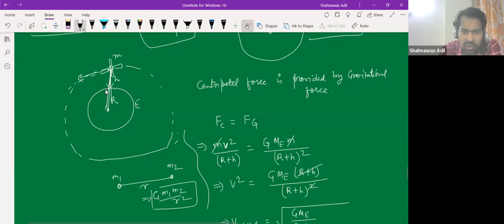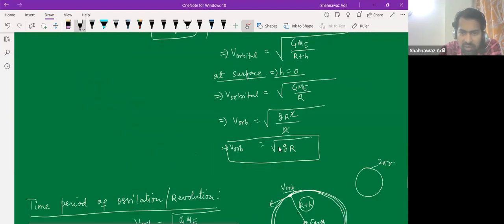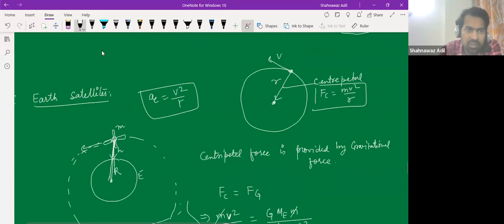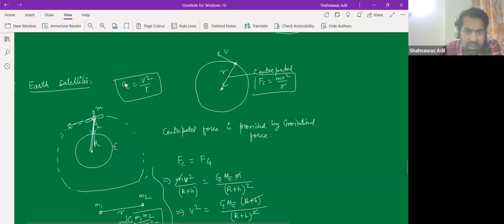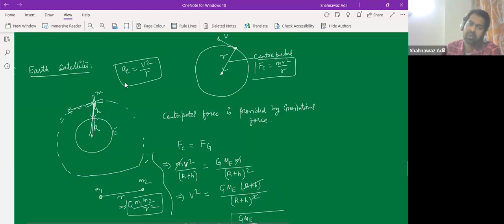Did you guys note down this part? We have not noted down, right? So please note it down, and then we'll do the energy of the particles. If you guys have any question, please ask.